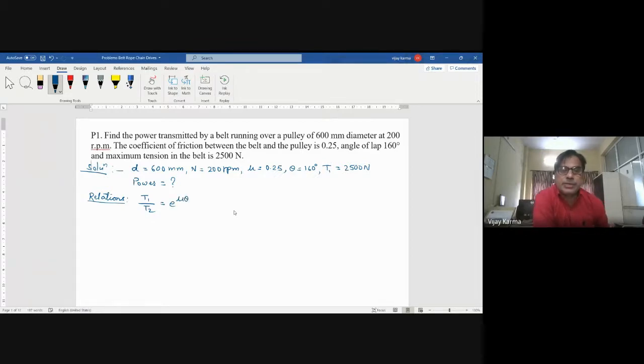This is one relation we have. In this relation mu is given, theta is given, so this quantity is known to us, and T1 is also known, T1 is 2500. So from this relation we can find out T2.